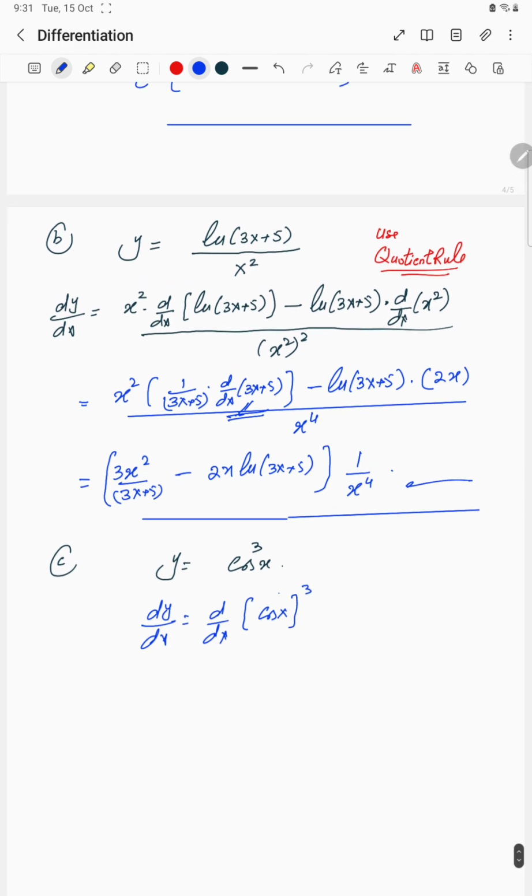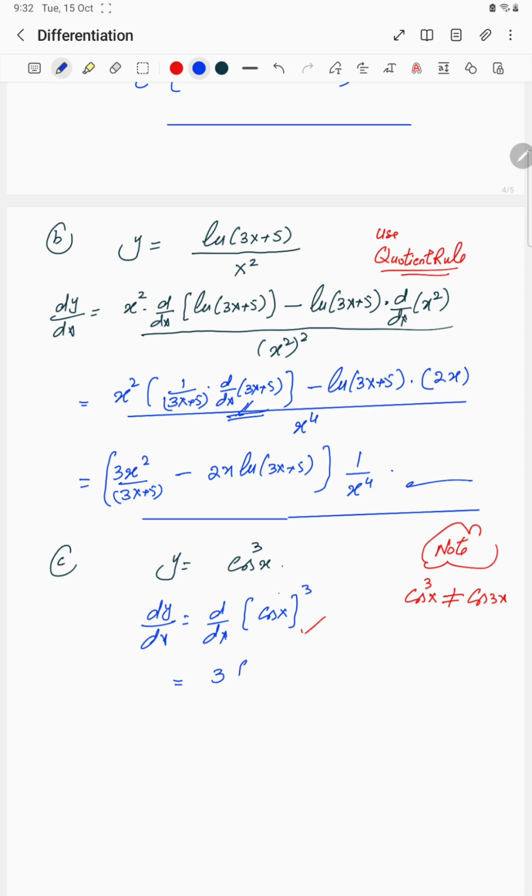Keep one thing clear, here I'm going to write a note. It might come to a few students' minds that cos cube of x is equal to cos of 3x, but it is not, because this is the power and this is the angle. You can't move anything from the angle to outside or from outside to inside. So here we will apply the power rule.